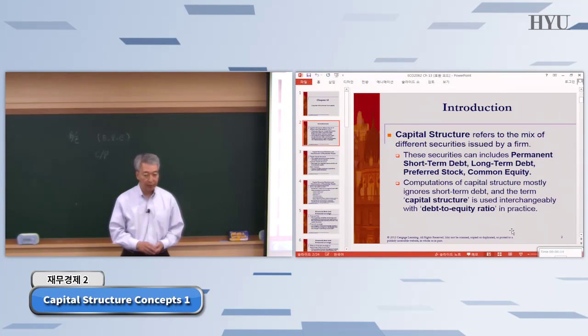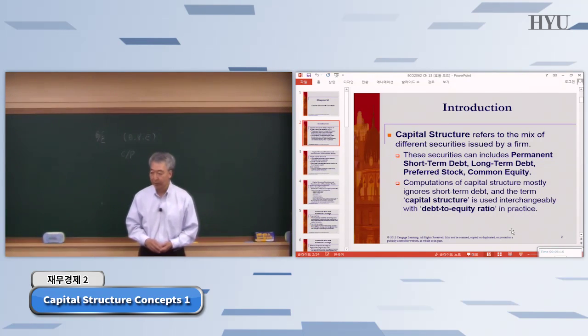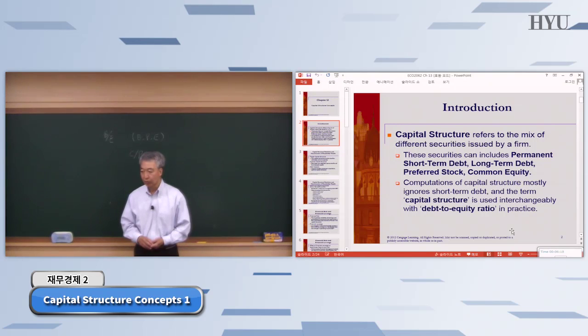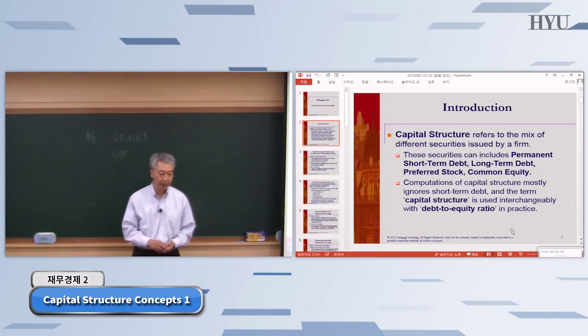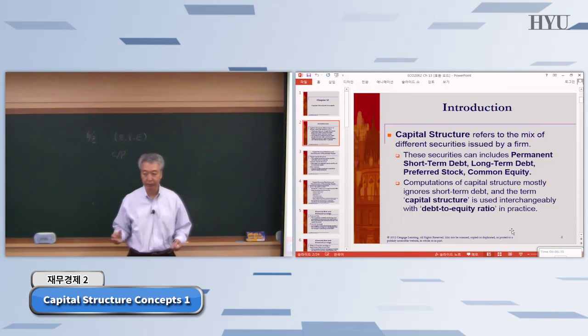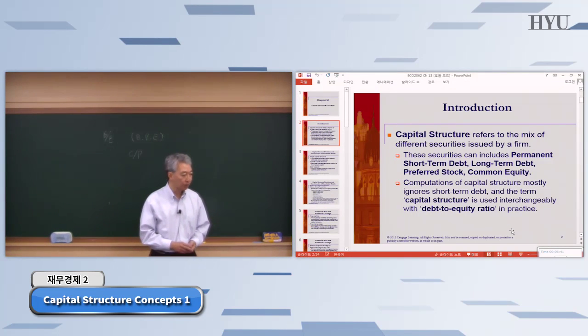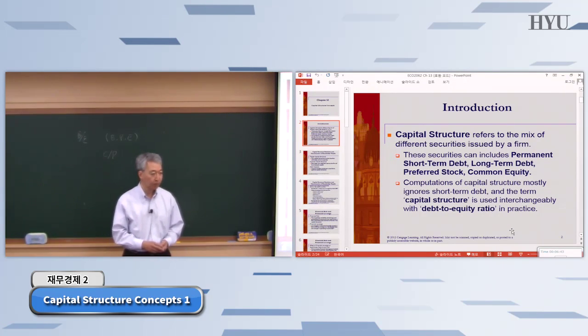But in reality, it's a little bit difficult to distinguish the seasonal component from the permanent component of short-term debt. And also the amount of short-term debt is rather insignificant compared to the total size of capital of a company. Okay? So in reality, what we do is we simply ignore the short-term debt component.